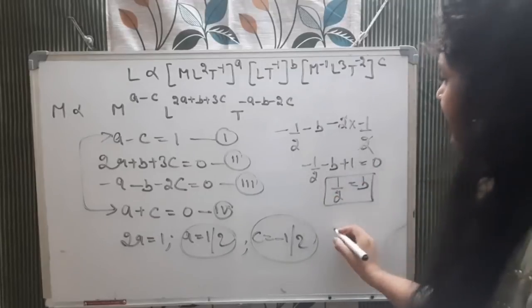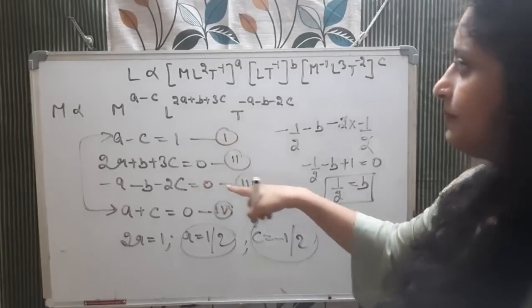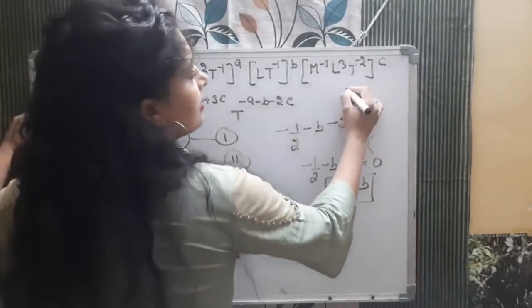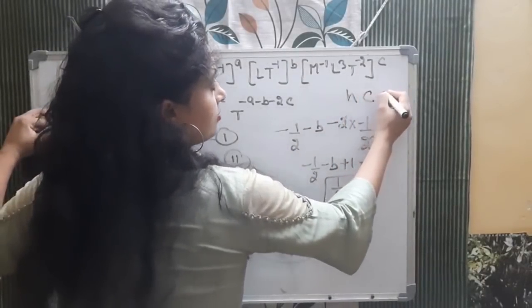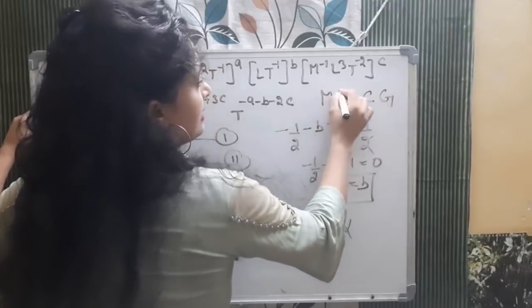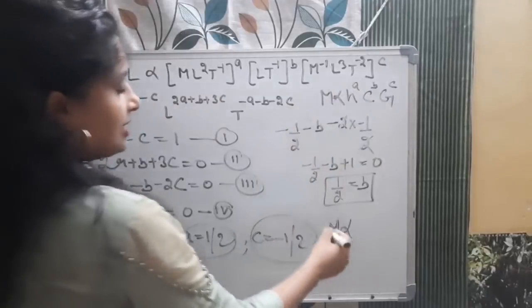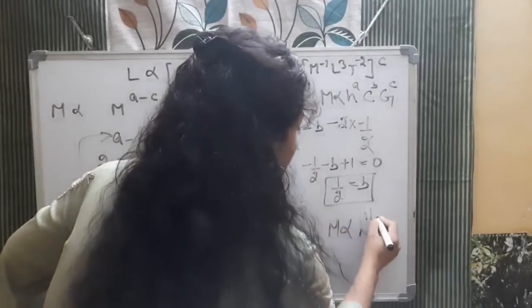So what we can say, M is directly proportional to, what were the factors? It was H and C and capital G. M directly proportional to these factors A, B and C. So from here we can say M is directly proportional to H raised to the power A, H raised to the power half.